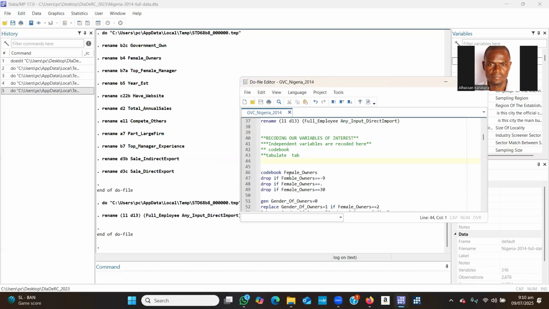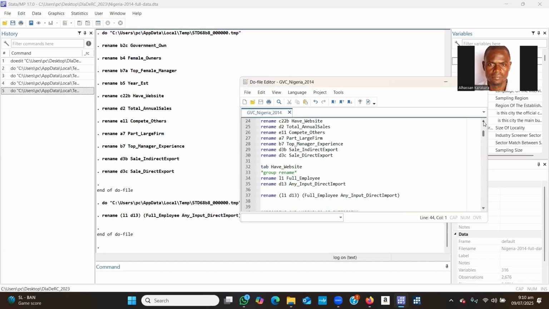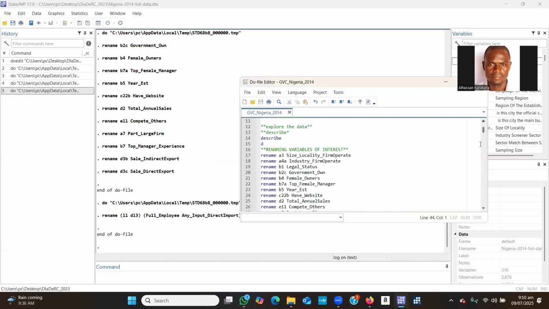So for instance, for female owners, there was a question whether the firm has female owners. That is talking about the gender of the ownership, which is at this B4. So I captured it as female_owners.